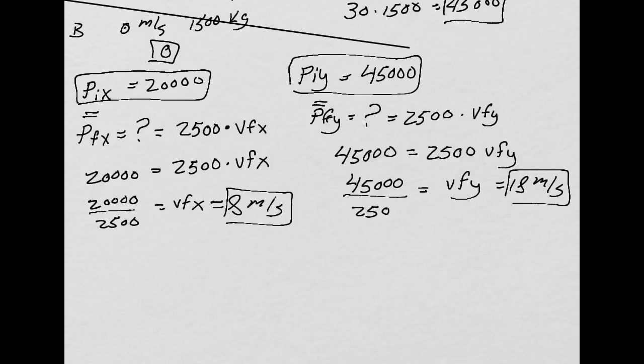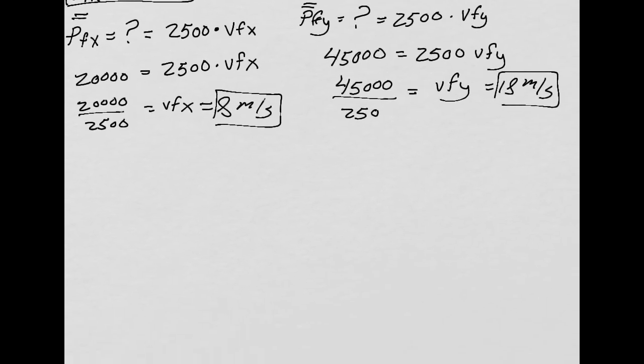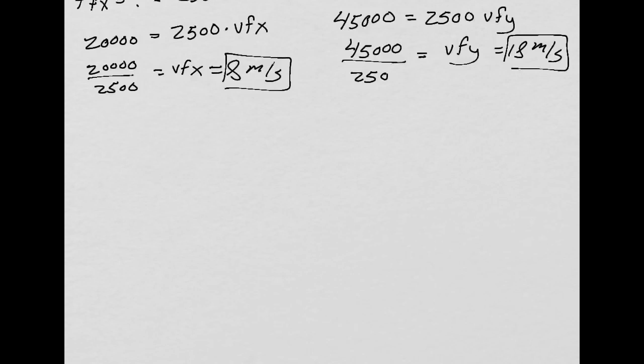So we've done our algebra to find the x and y components of our velocity, but we need to now use the Pythagorean theorem and SOHCAHTOA to find the velocity's magnitude and direction. So what we have here now is that our x direction of our final velocity is 8 meters per second, and our y direction is 18 meters per second.